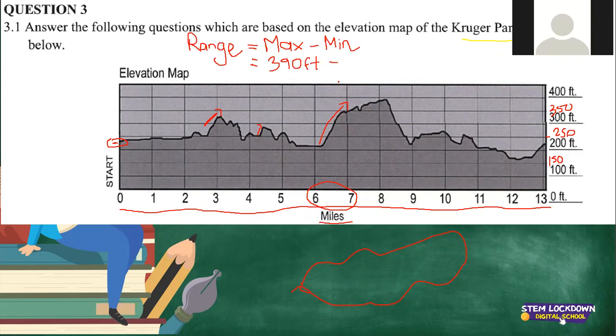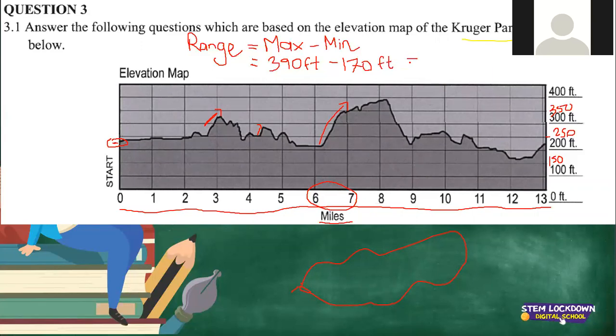Subtract the minimum. For this, the minimum is somewhere there. So this will be our minimum. You can see this is 100, 150, 200. So maybe this could be 170, right? So 170 feet. Remember, these are just approximate values, roughly, right?